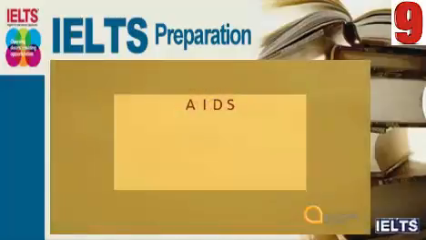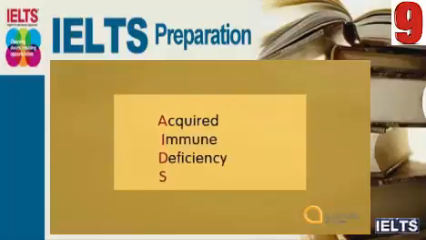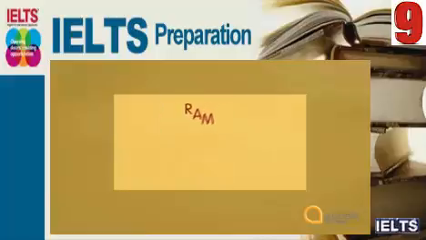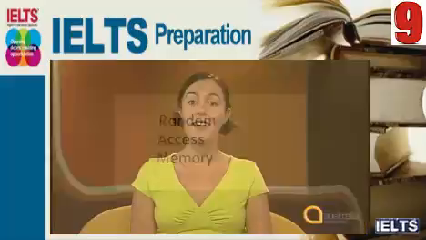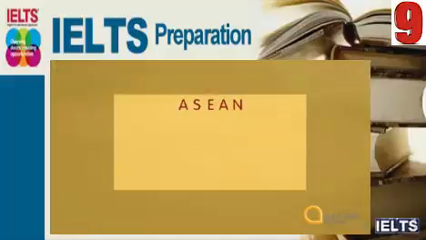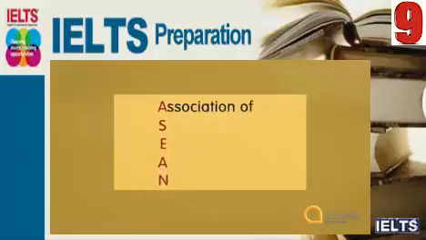Some other examples of acronyms are AIDS, that's Acquired Immune Deficiency Syndrome, and RAM, Random Access Memory. Another example is ASEAN. That stands for the Association of Southeast Asian Nations.